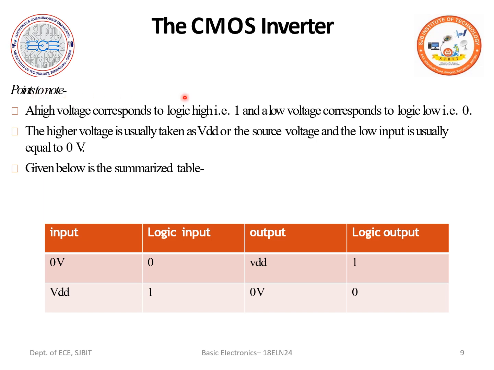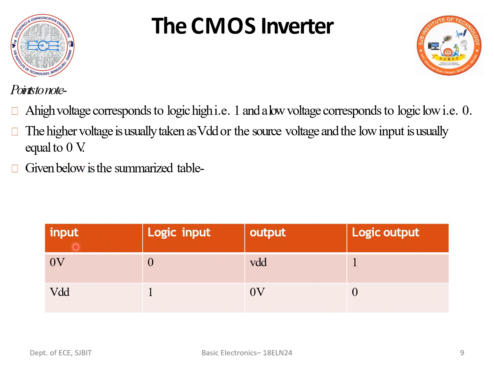So the points that we should remember in the CMOS inverter are that a high voltage corresponds to logic high 1 and a low voltage corresponds to logic low 0. The higher voltage is usually taken as VDD, the source voltage, and the low input is usually equal to 0 volt, as summarized below.